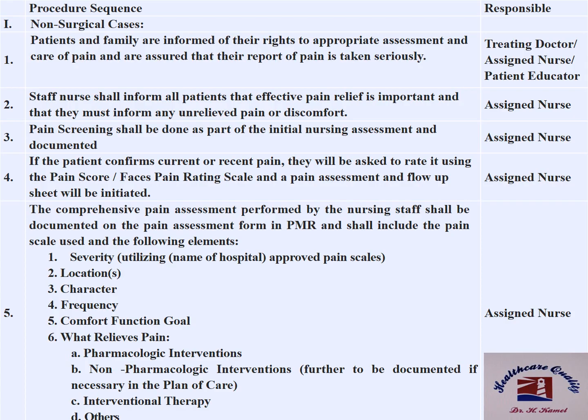Number five, the comprehensive pain assessment performed by the nursing staff shall be documented on the pain assessment form in the patient medical record and shall include the pain scale used and the following elements: severity, locations, character, frequency, comfort function goal, and what relieves the pain.